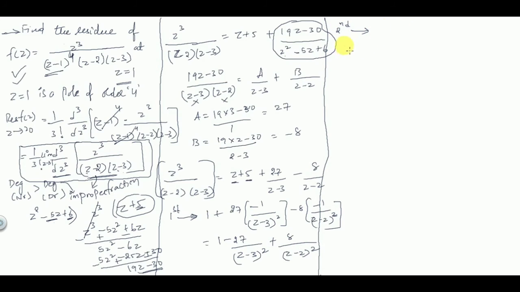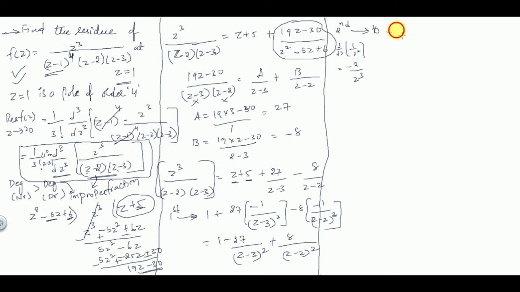d by dz of 1 by z square is minus 2 by z cube. So d by dz of 1 is 0.